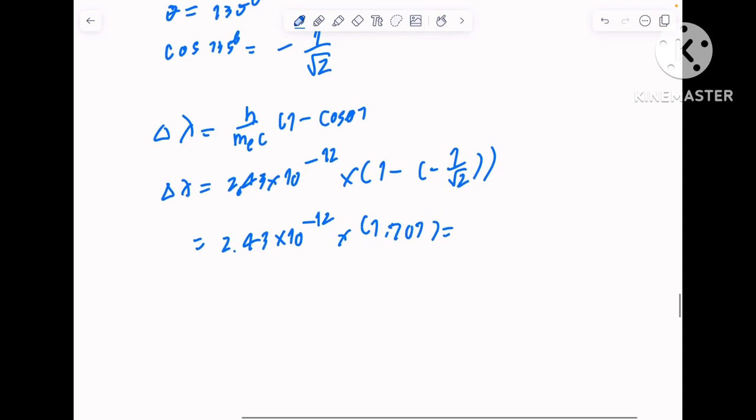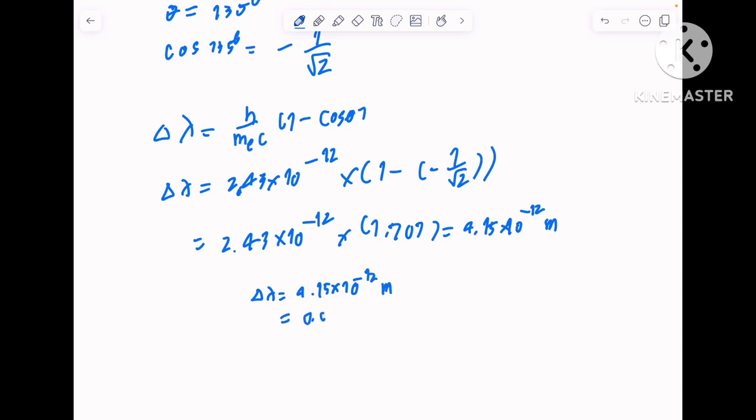So it's approximately 4.15 times 10 to the power of minus 12 meter. So the predicted shift of the wavelength is approximately 4.15 times 10 to the power of minus 12 meter, or 0.00415 nanometer.